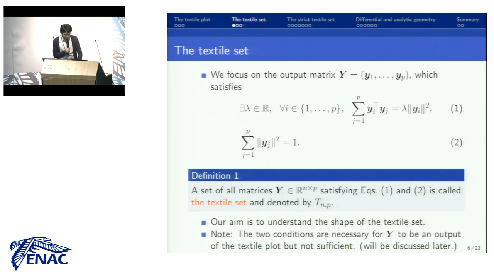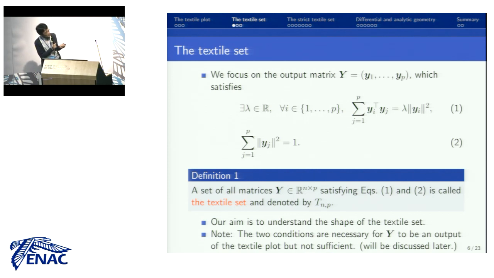And in this talk, we focus on the output matrix Y, the output of the textile plot. It is not difficult to prove that the output matrix Y satisfies the following 2 conditions.